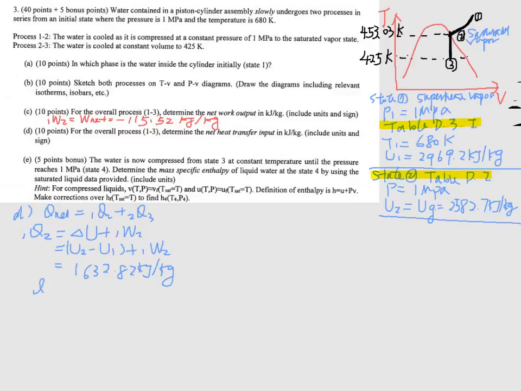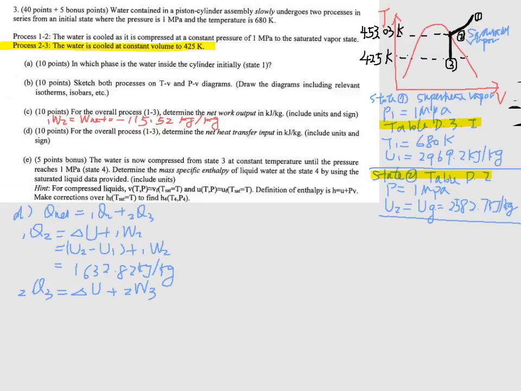Now we know the heat from state 1 to 2, but we also want to know the heat transfer from 2 to 3. It's very similar: it's also the change in internal energy plus the work from 2 to 3. I don't know if you still remember this, but from process 2 to 3, the volume is constant.